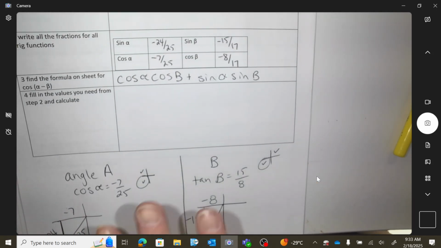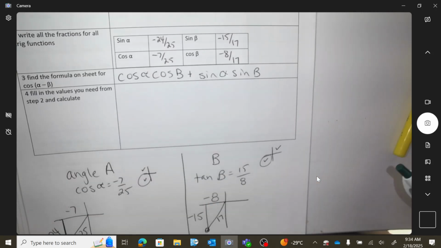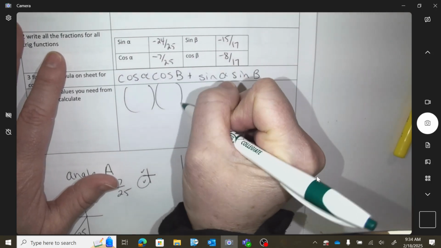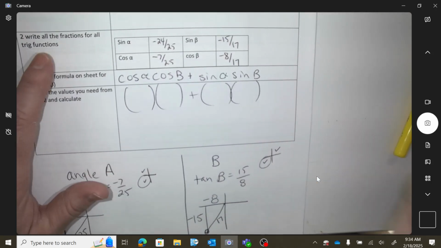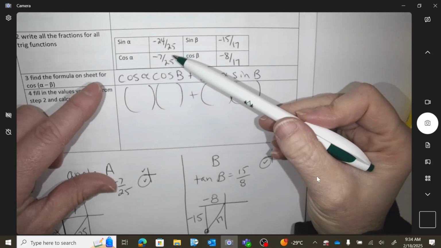So I found the formula, copied it down. Okay, I'm going to give myself 4 brackets, and then I just plug in everything. I've already done the work. Now it's just plugging in. Okay, so here we go. It's all organized.